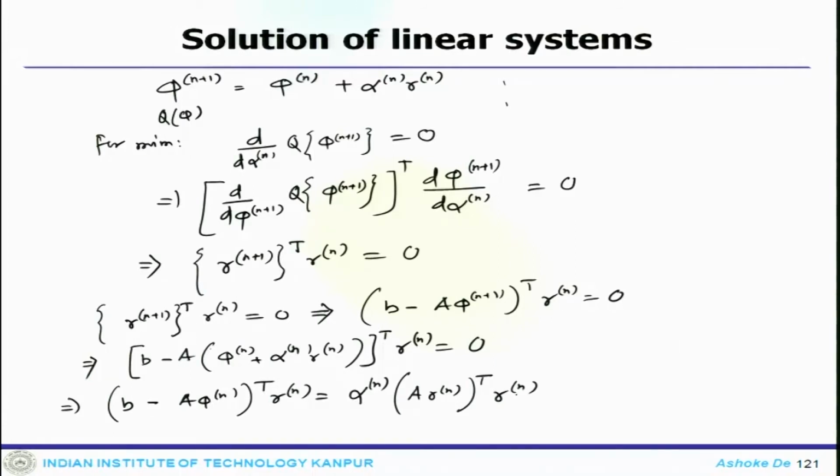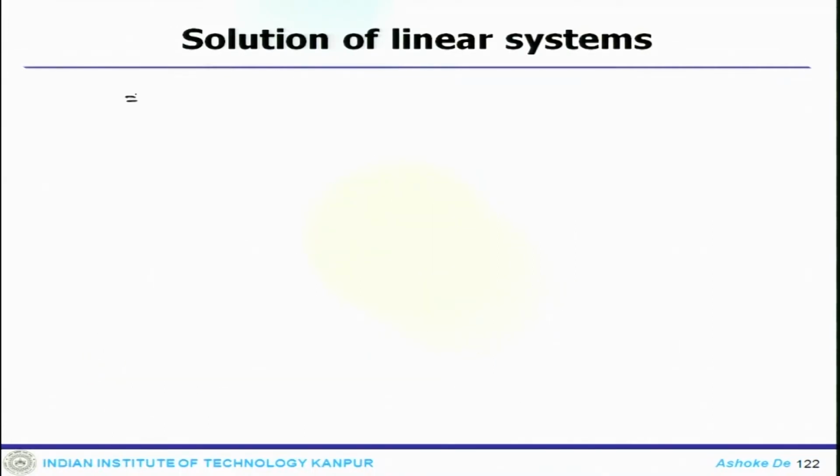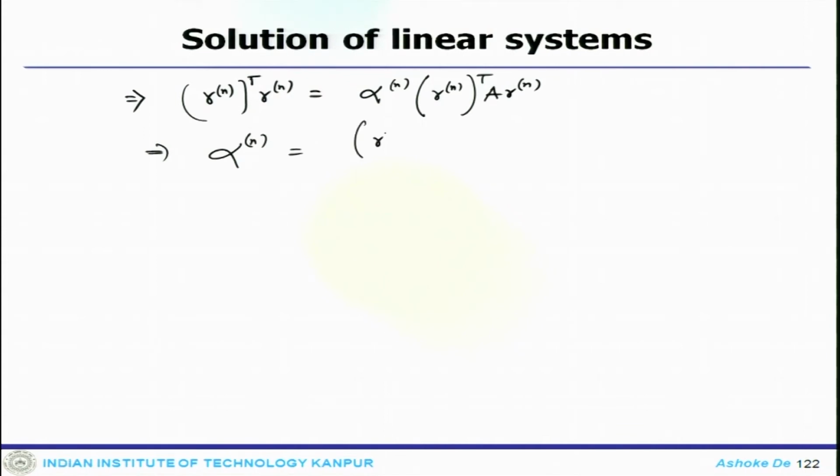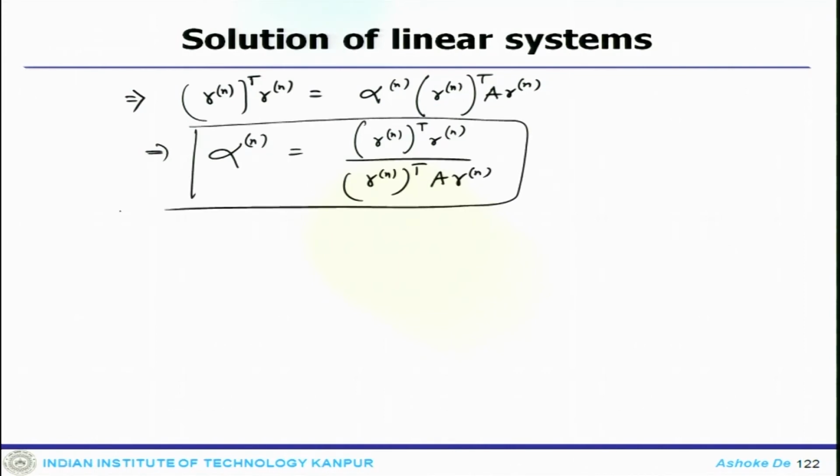Expanding this further, R n transpose R n is alpha n R n transpose A R n, which gets you alpha n equals R n transpose R n divided by R n transpose A R n. So, that is how you get this factor.